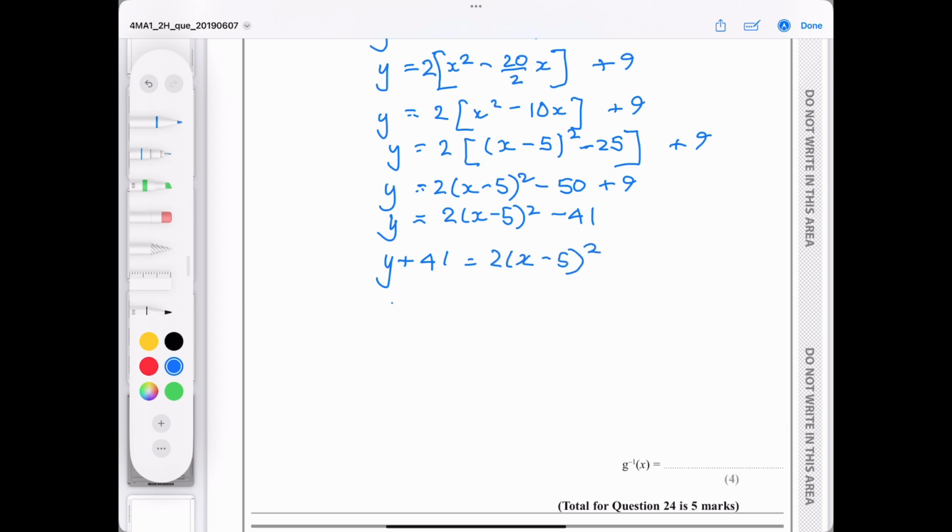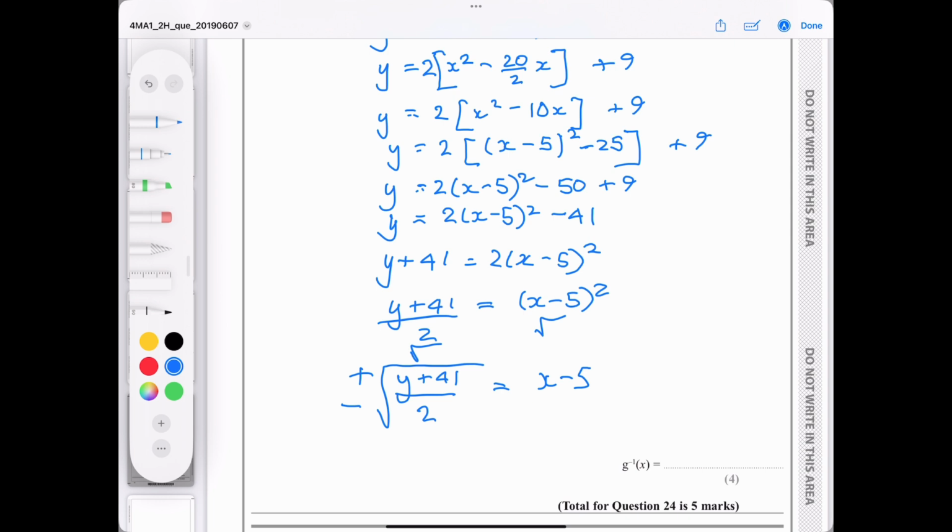Then we're going to divide y plus 41 by 2, which leaves us with (x minus 5) squared. Now we're going to have to square root both sides, whereas one of my students does that. Now if you square root something, you do actually need to make it plus or minus. And that equals x minus 5.